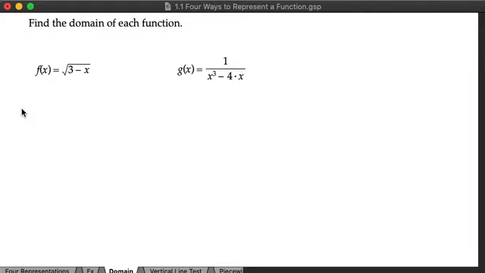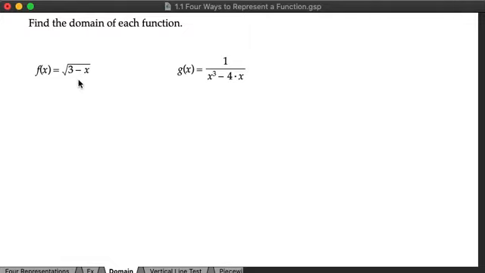So we'll talk in the next section about specific types of functions in our catalog of functions and what sorts of restrictions they have. But hopefully you'll remember some things like I cannot put any negative numbers under a square root. So in this case, we would have to have 3 minus x be a positive number, which means that x can't be bigger than 3.